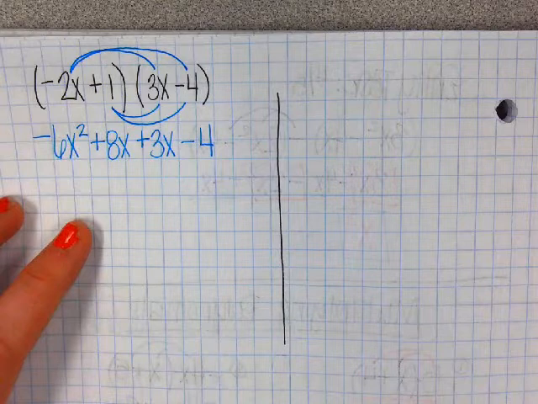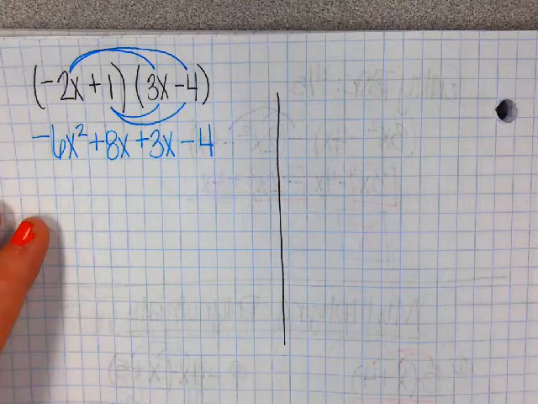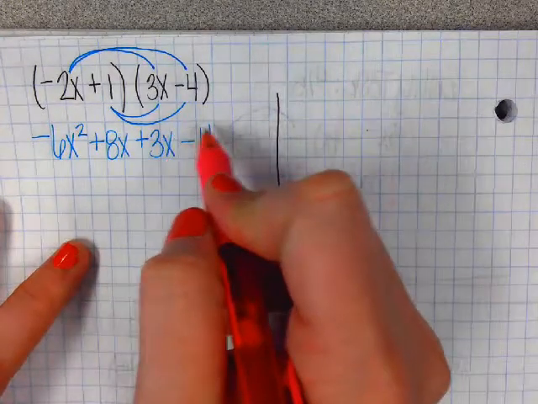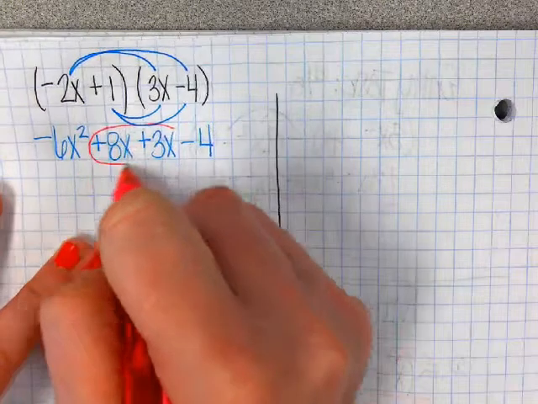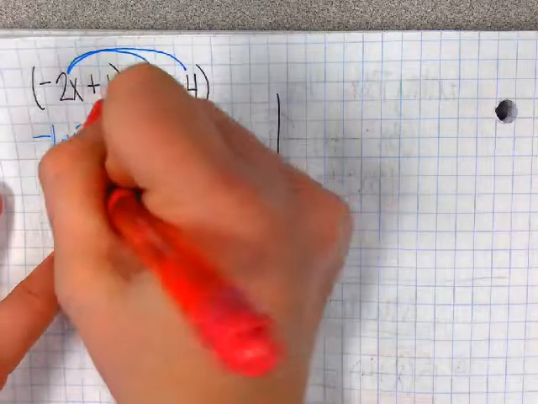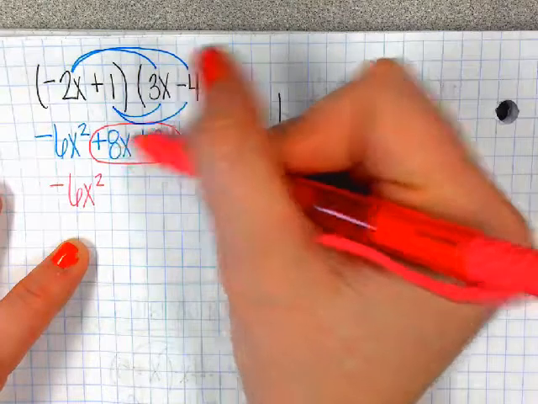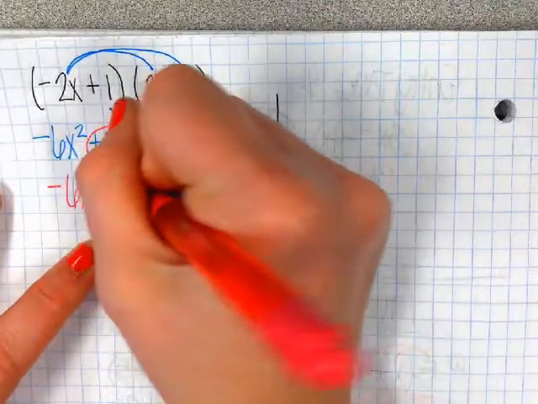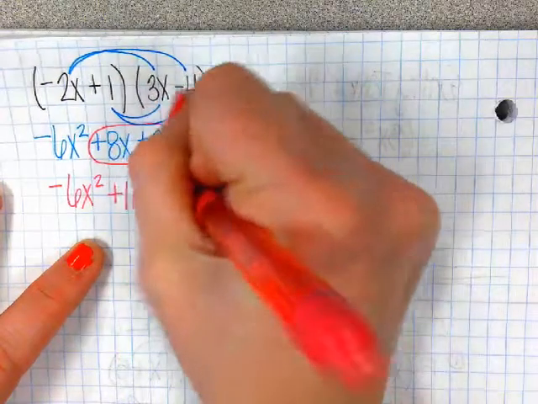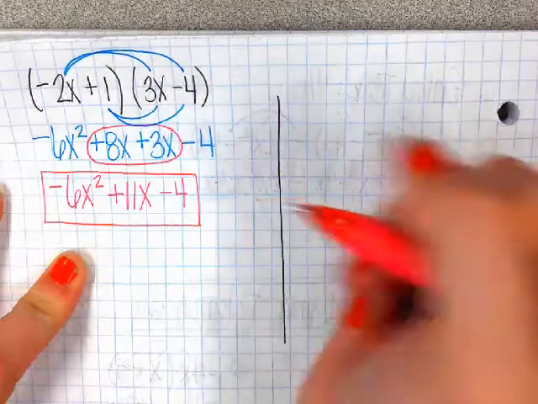Negative 4. Is this problem done? No. Why not? Because you can still combine 8x and 3x. Perfect. So the negative 6x squared stays the same. 8x plus 3x, what's 8 plus 3? 11. Don't forget the x. And minus 4.